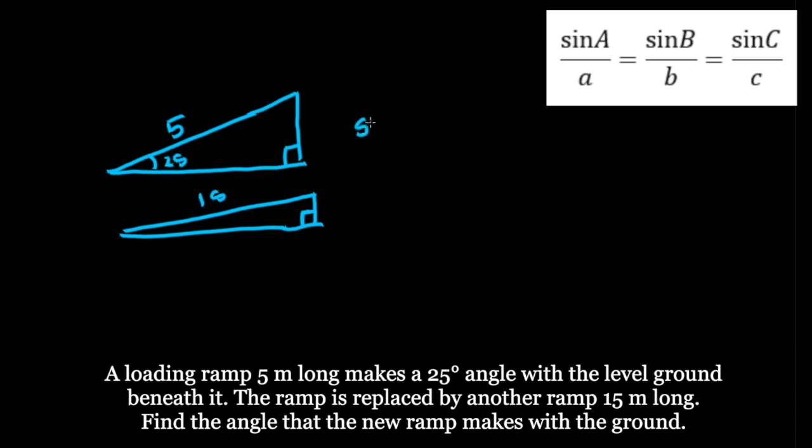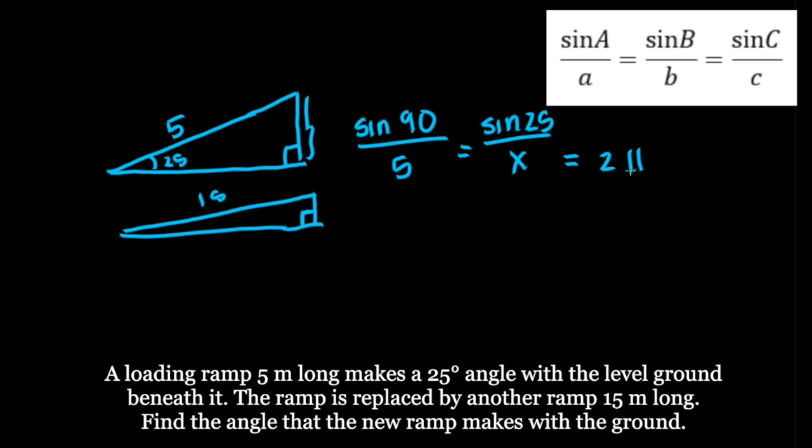So the sine of 90, created in the 90-degree angle, divided by 5, is going to equal the sine of 25 divided by x, which is the height right here. After cross multiplication, we can see that the shortest side in the triangle, or x, is going to equal 2.11 meters. So we know in this triangle, the length here is 2.11 meters.